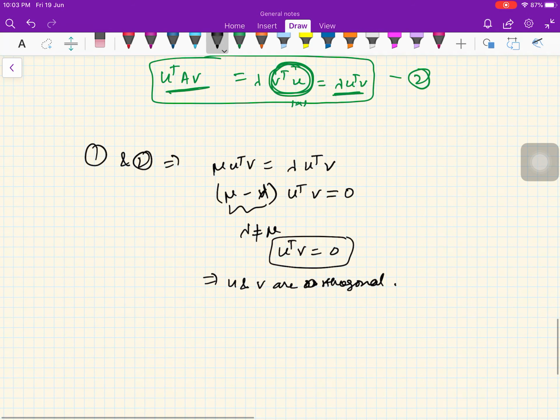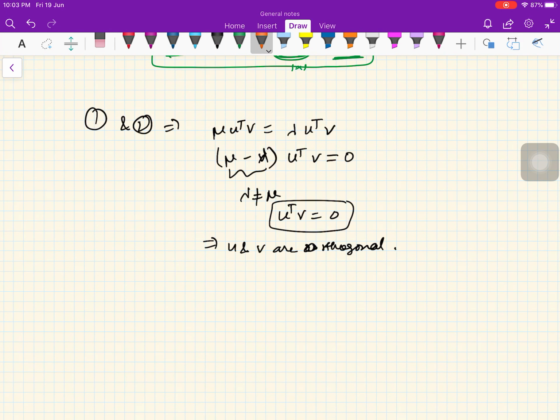are orthogonal. Now I am going to cite an important result, and I am not going to prove that result here, right? One reason for that is it's very lengthy. I'll make a separate video for that. And another thing is I want you to try to prove it, so that is a kind of homework. So I'm writing the result.